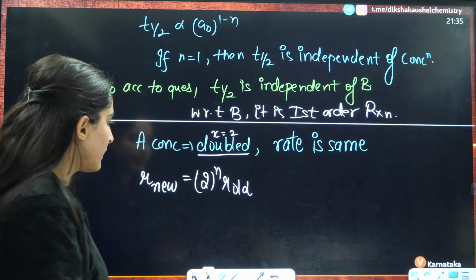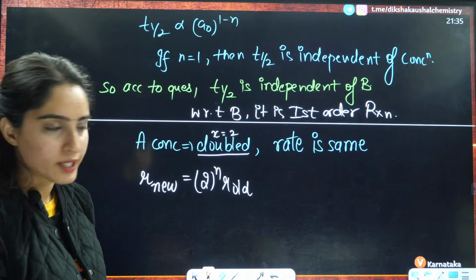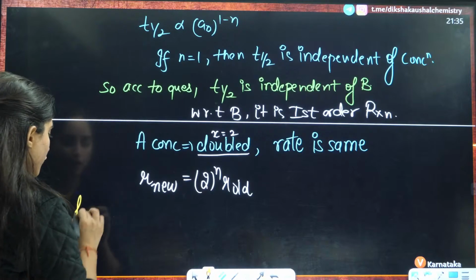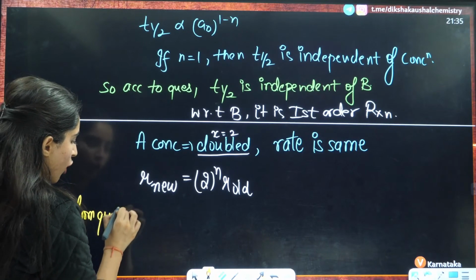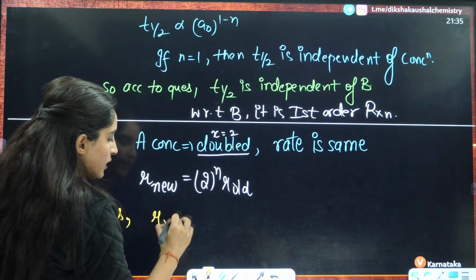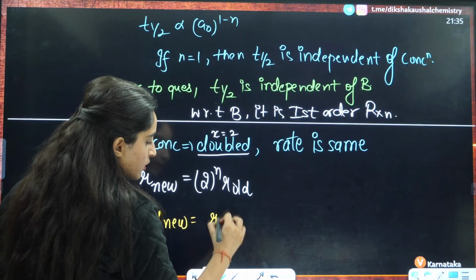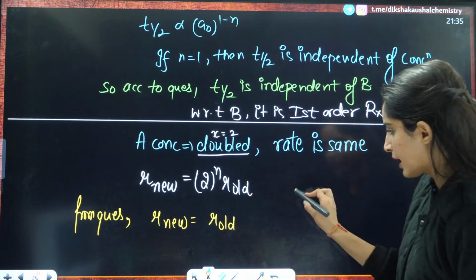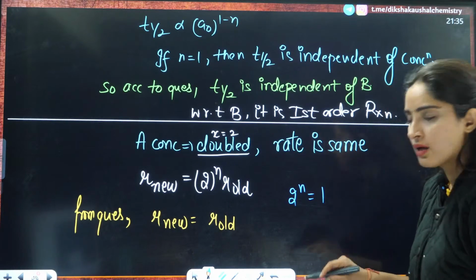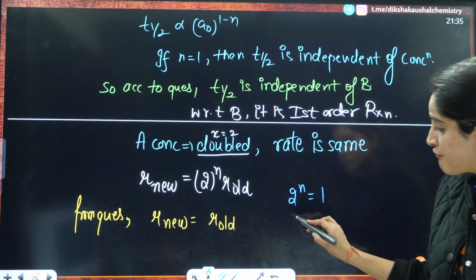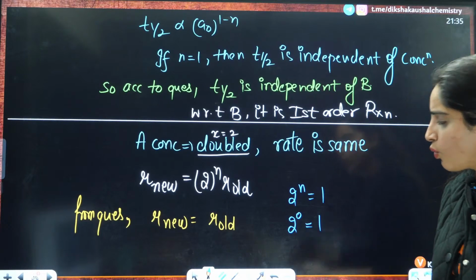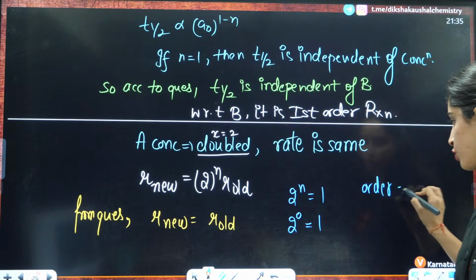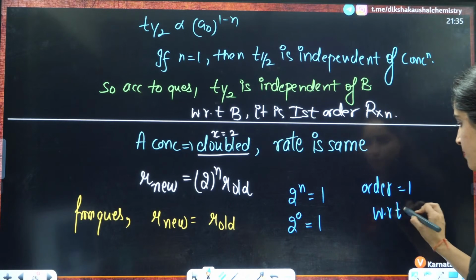Now we know from the question that there is no change in the rate. That means if we equate these two things, 2 raised to power n is equal to 1. When should it be equal to 1? When n is equal to 0, only then it will be equal to 1. That means the order of the reaction should be 0 with respect to A.